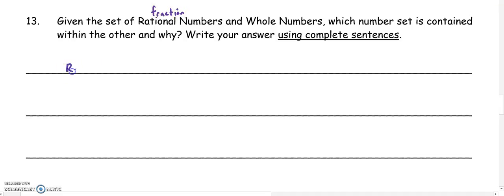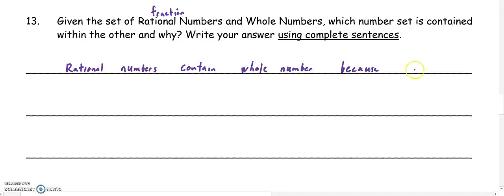So we're going to say rational numbers contain whole numbers, and then we need to explain why.